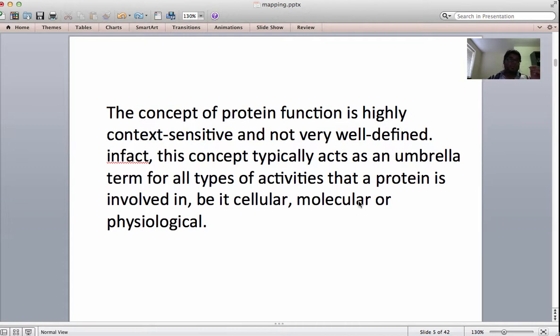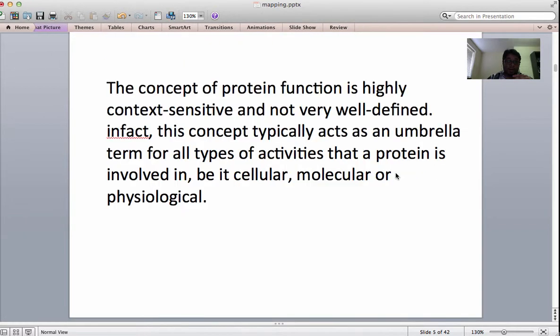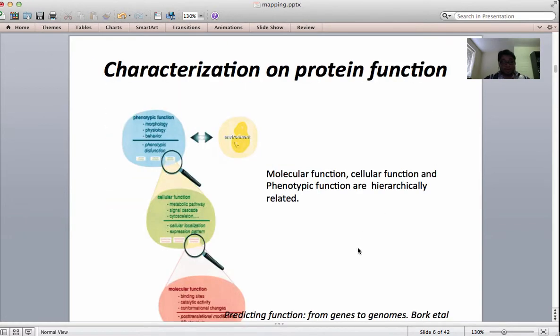A protein can have a cellular function, a molecular function, or both, which shows some physiological effects. So that's why Gene Ontology classified proteins hierarchically in terms of phenotypic function, cellular function, and molecular function.